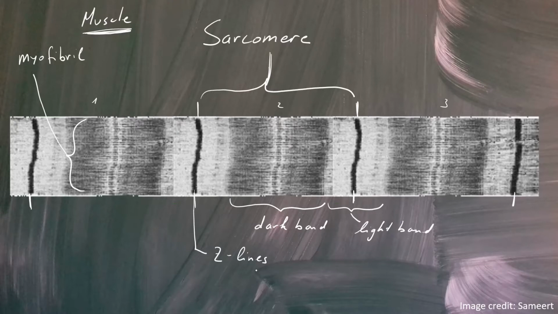Now what happens when a muscle contracts is that the light band is the one that becomes smaller. What you see here is a relaxed muscle.